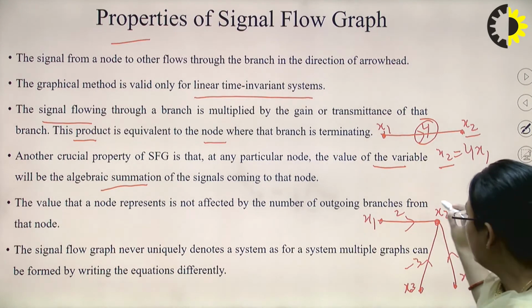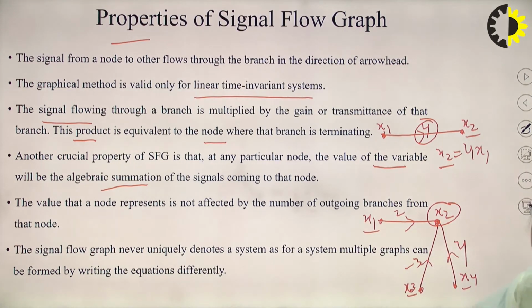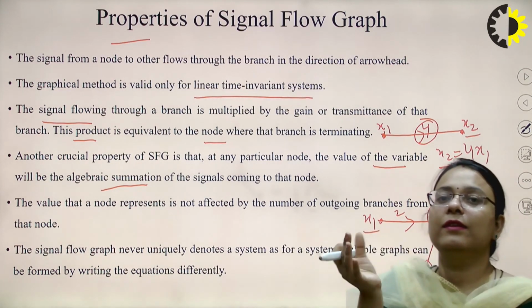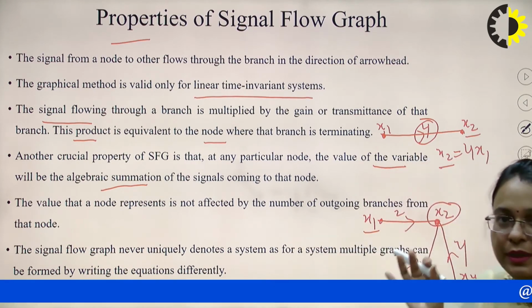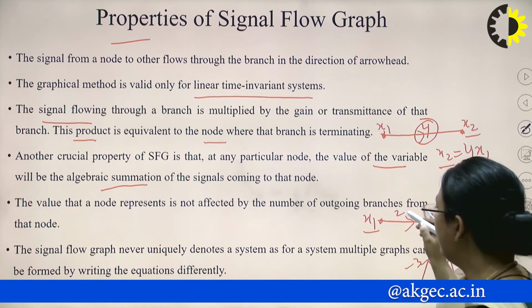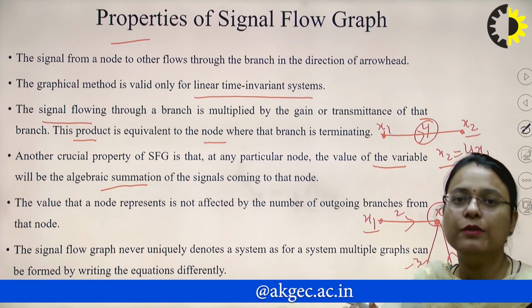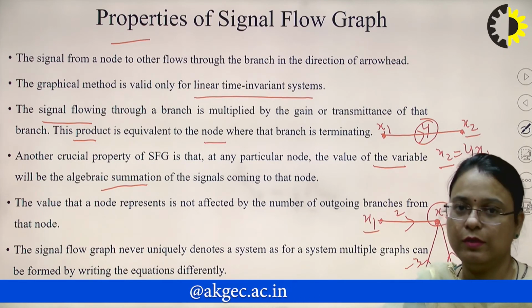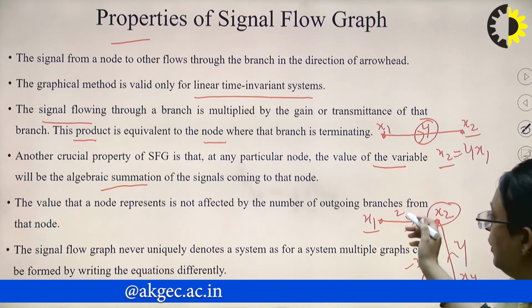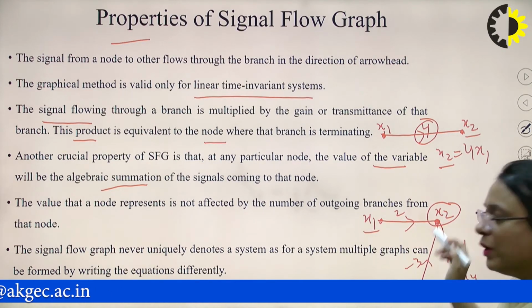So x2 is dependent upon these variables x1, x3 and x4, and the exact relationship is obtained when these variables are multiplied by their branch transmittances, their gains. So x2 will be the algebraic sum of the variables coming towards it.